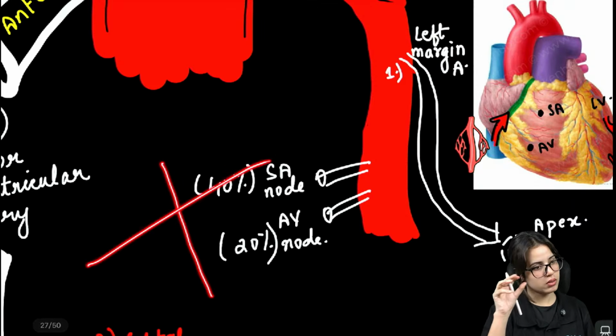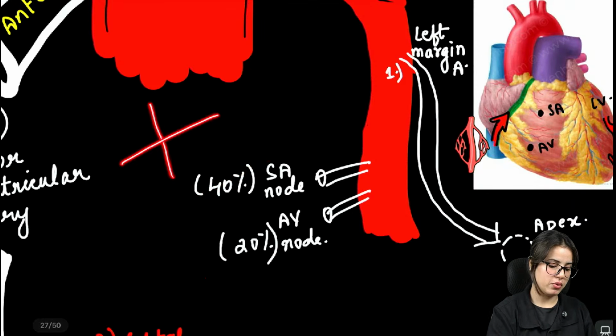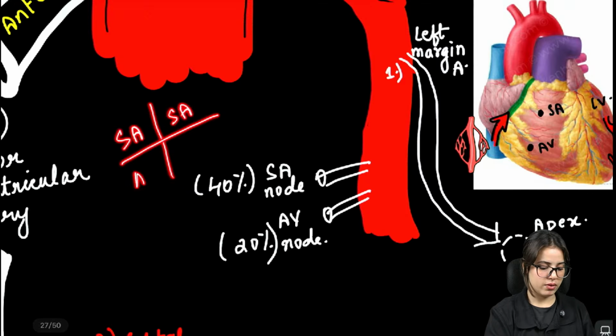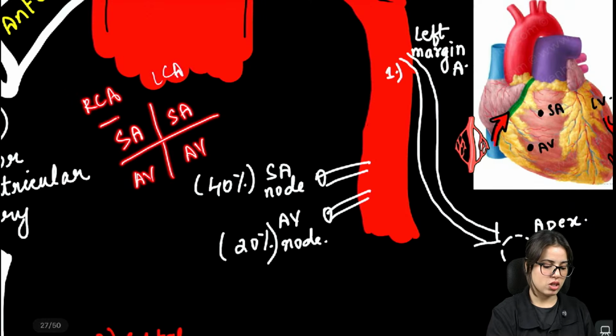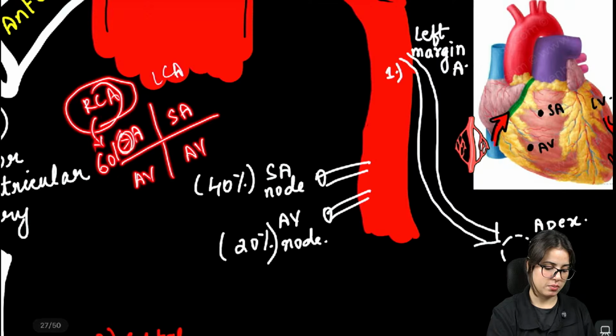Make a table in the corner of your answer paper: SA node, AV node, and RCA, LCA. Just remember one part, which is here, 60. SA node 60%. So now you will know 40%, and 80% here. So the remaining will be your 20% and 40%.